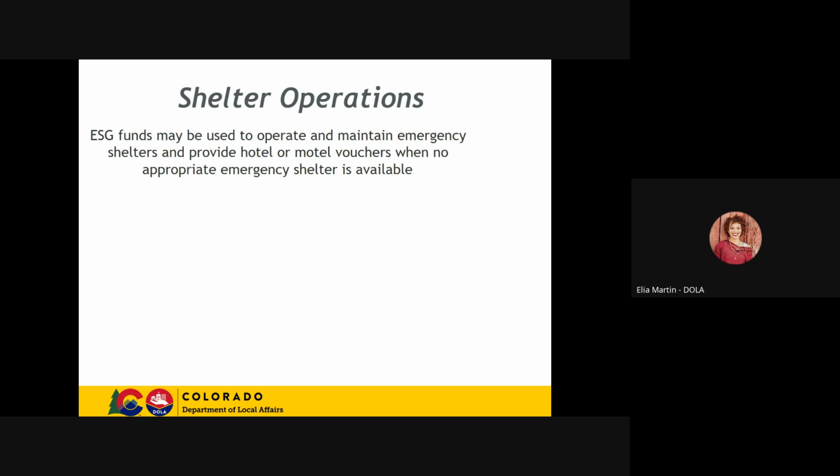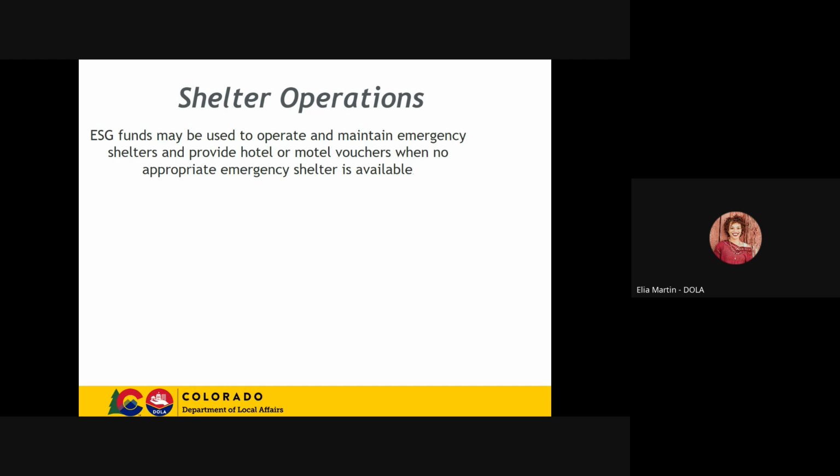If your organization operates as a day shelter, ESG funds can be used for shelter operations if they meet the definition of a shelter defined by the regulations, if it's evident that its primary purpose is as a shelter, and if it complies with ESG requirements.